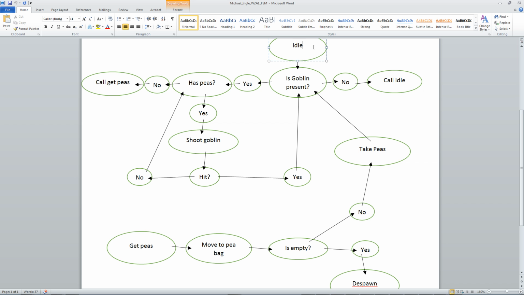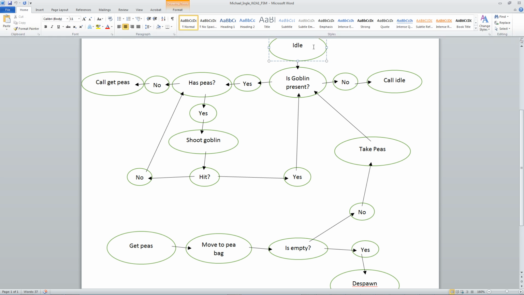The way transitions work is, if a certain condition is met, the transition happens, meaning that the game transitions to another state.